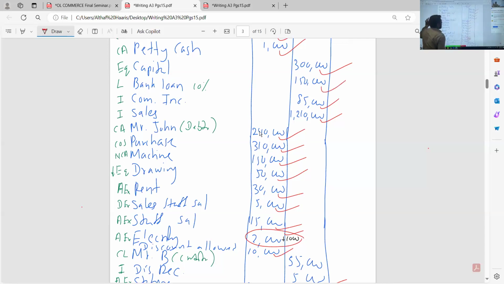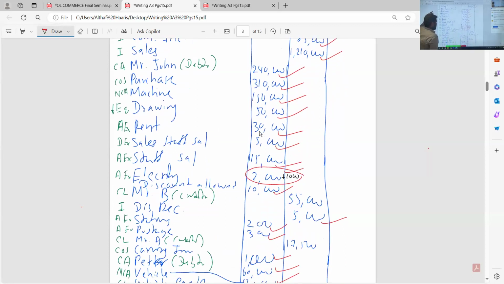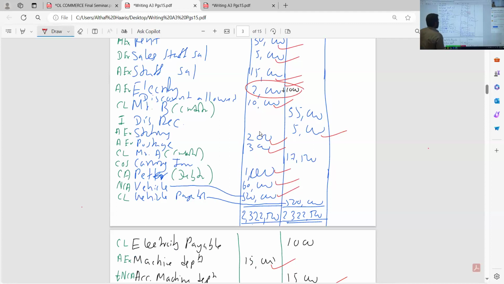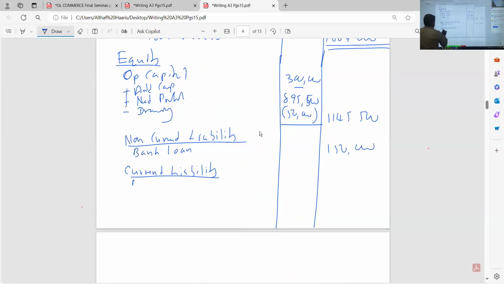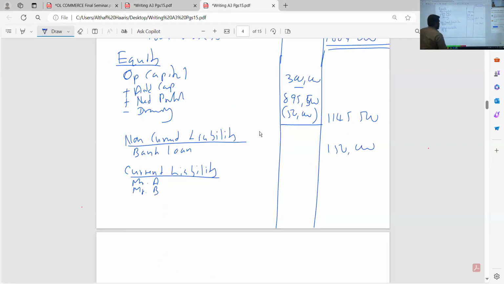From the top, we'll check everything. You have 2 creditors, Mr. A and Mr. B: 55,000 and 17,500.